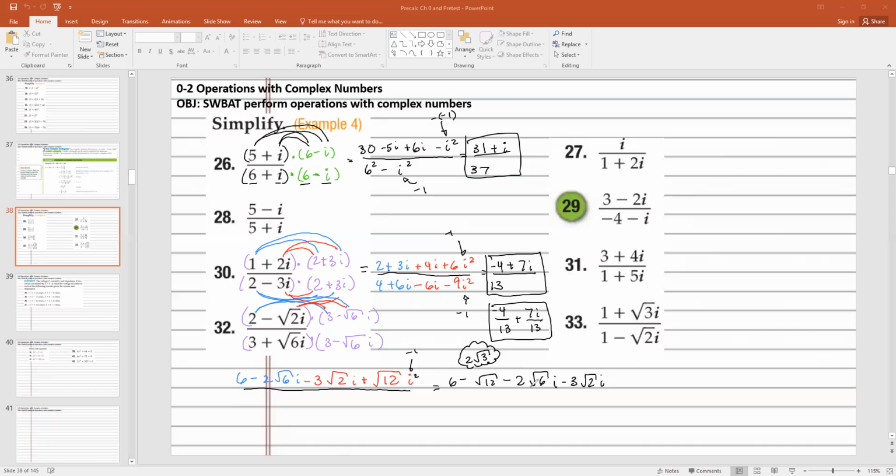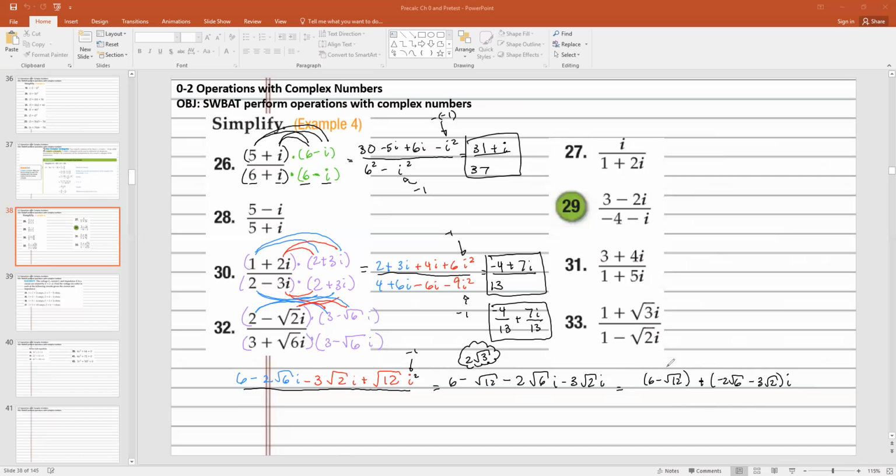Ah, we could do this though. You could write it in groups. So it could be 6 minus square root of 12, and over here, plus negative 2 root 6 minus 3 root 2, times i.